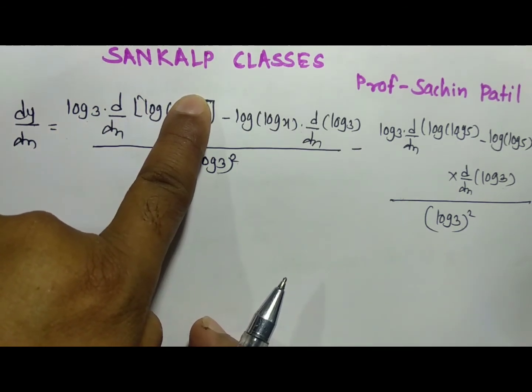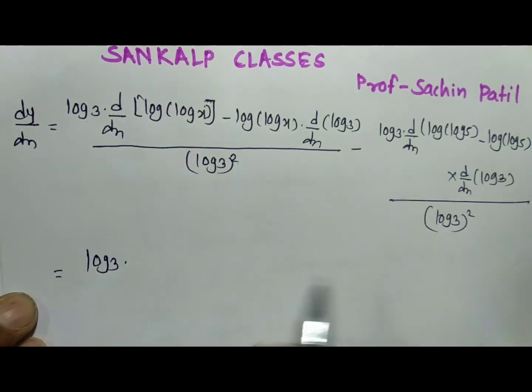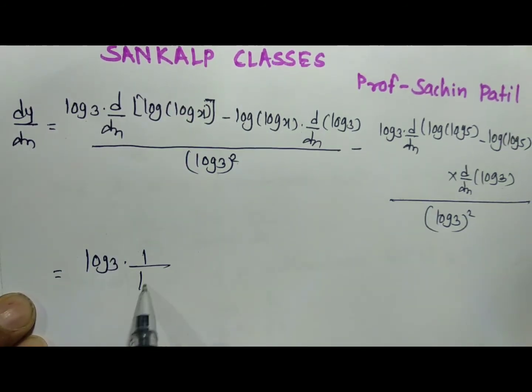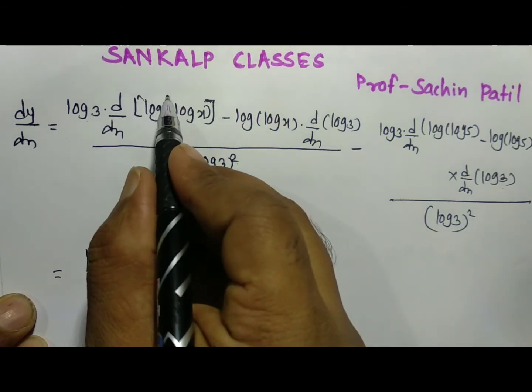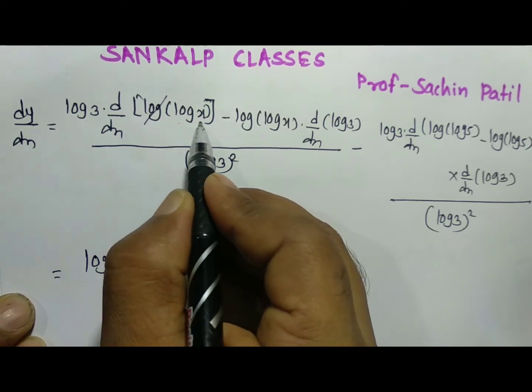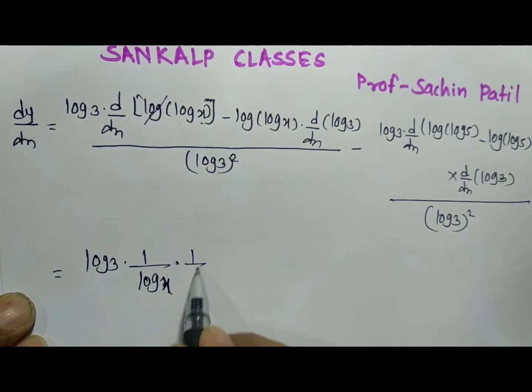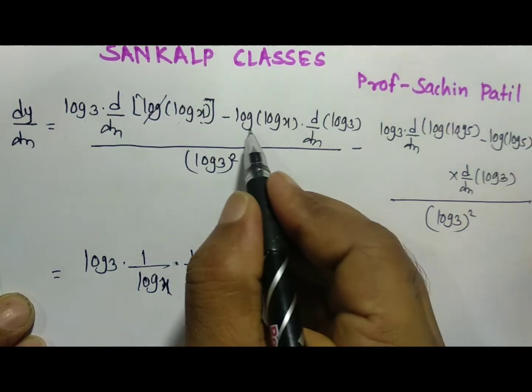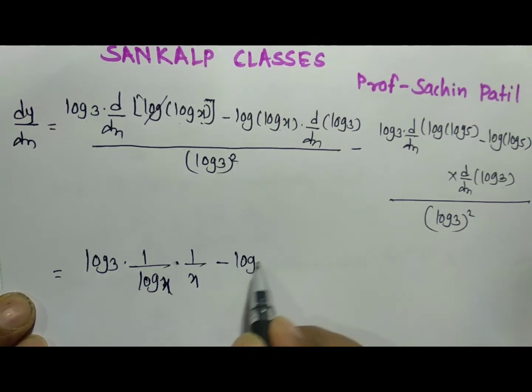What is the derivative of log? Log has derivative 1 divided by whatever is inside the bracket, and therefore 1 divided by log x into the derivative of log x, which is nothing but 1 divided by x, minus log x as it is into log 3.